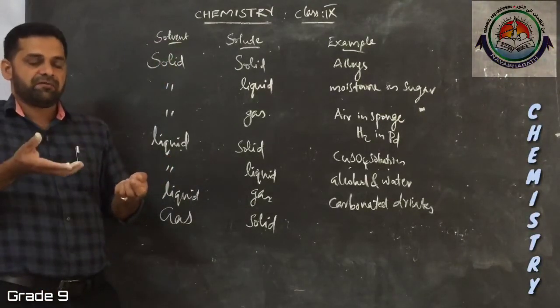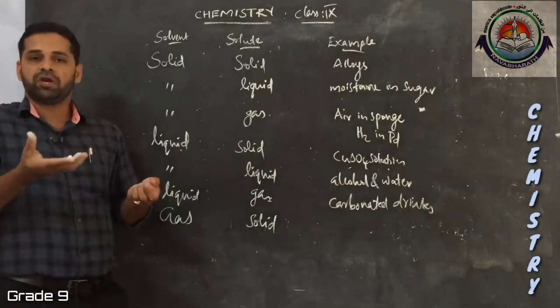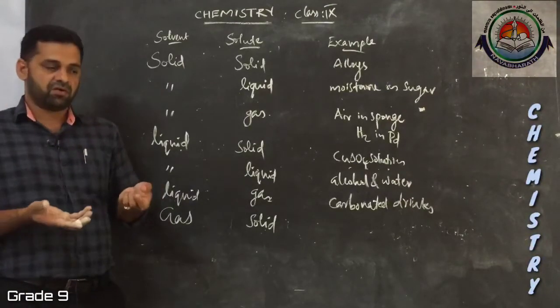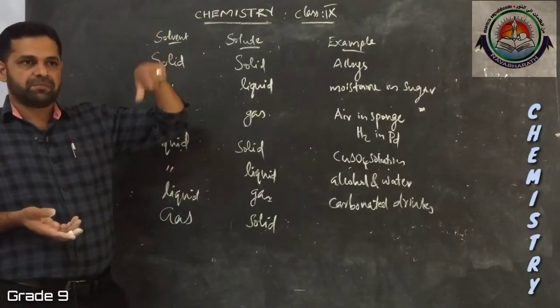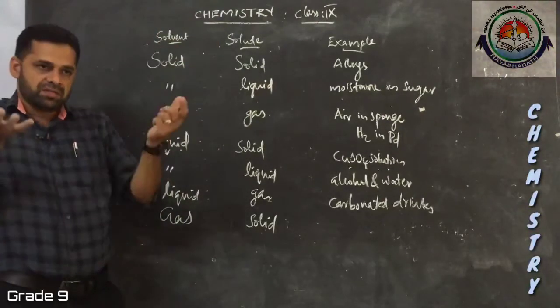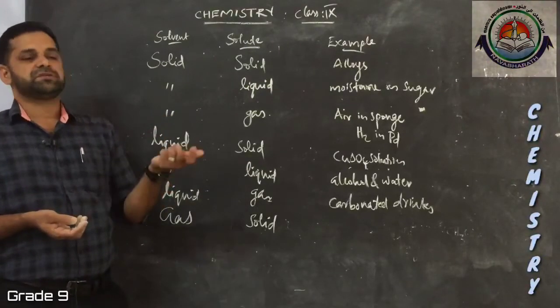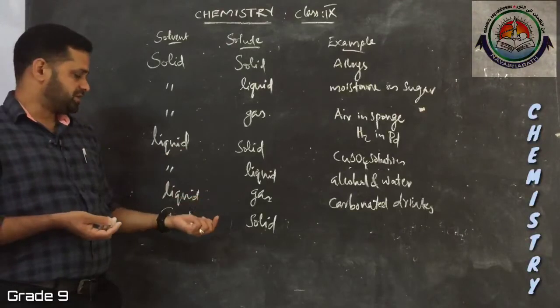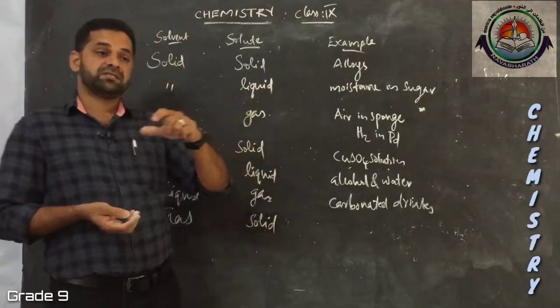When we heat ammonium chloride or naphthalene, naphthalene undergoes sublimation. After sublimation, it goes directly into gas. That is dispersed.